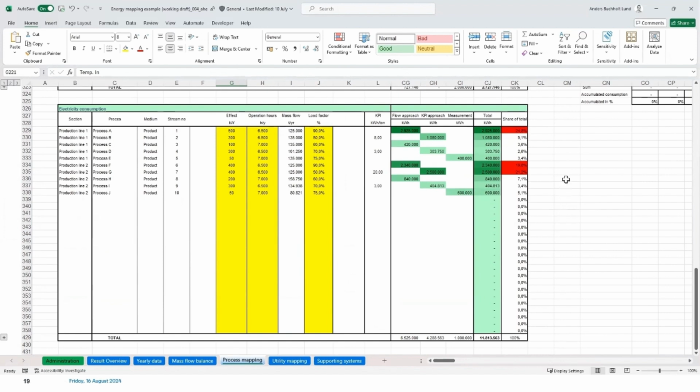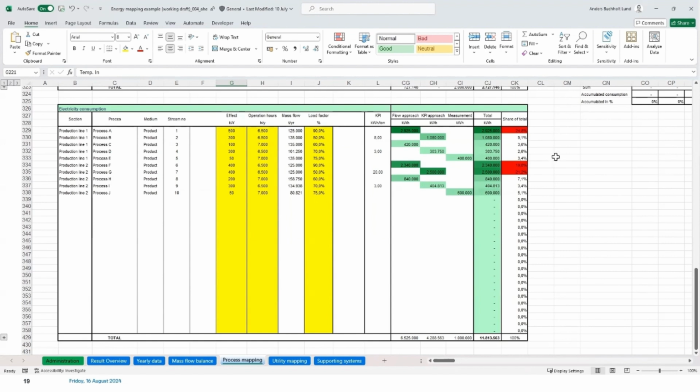That gives us one way of doing it. Then we have a KPI we could use also for generating, and this KPI is based on the mass times the KPI. So here we have a sort of correlation between the mass and the electricity consumption that we have tried to build in.